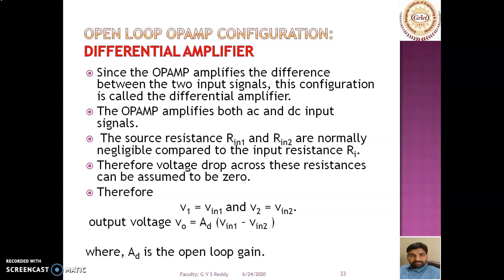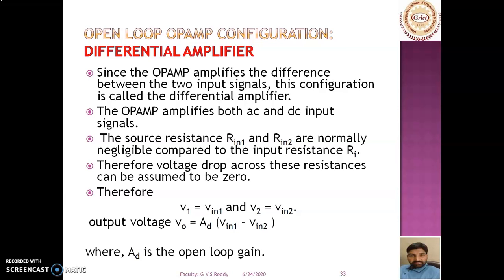Since the operational amplifier amplifies the difference between the two input signals, this configuration is called the differential amplifier. The op-amp amplifies both AC and DC input signals.